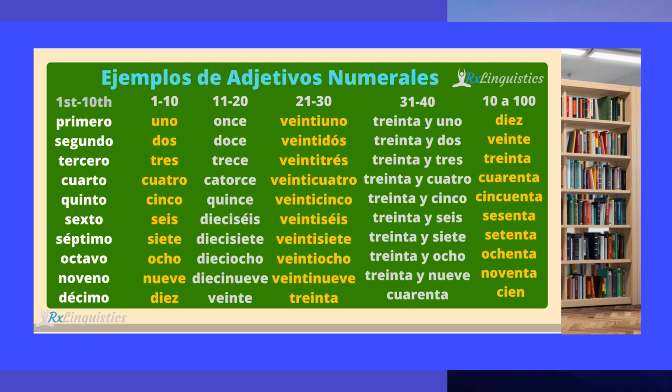Ejemplos de adjetivos numerales. Vamos a aprender a contar del 1 al 100. We're going to learn to count from 1 to 100. But first, 0 is cero in Spanish. Okay?